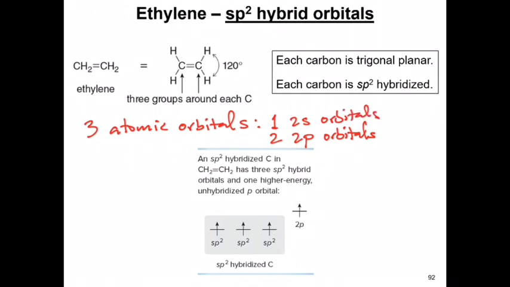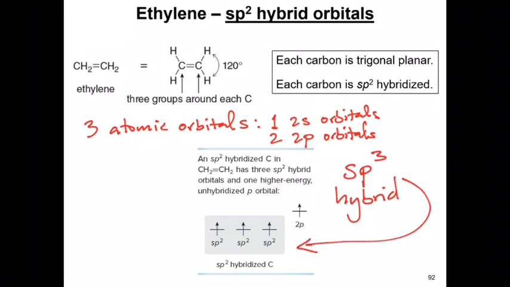And so again, when they overlap, what you get is sp2 hybrid orbitals, and we have a total of 3 here. So the remaining unhybridized orbital will contain 1 unpaired electron, as shown here.